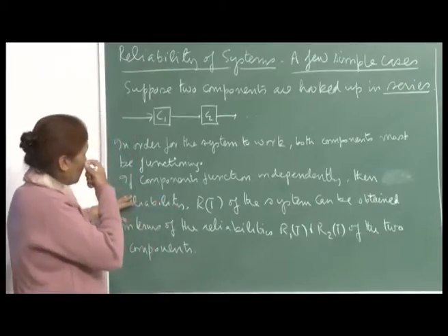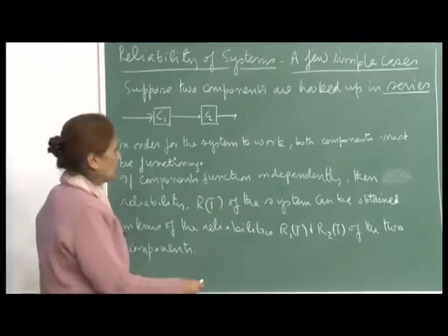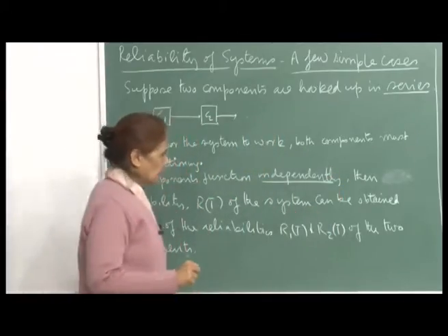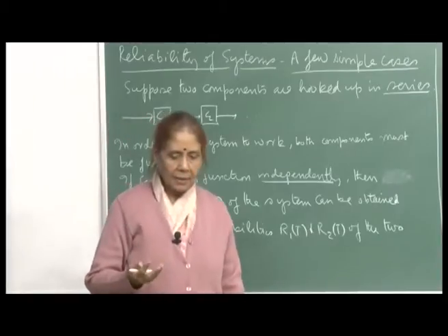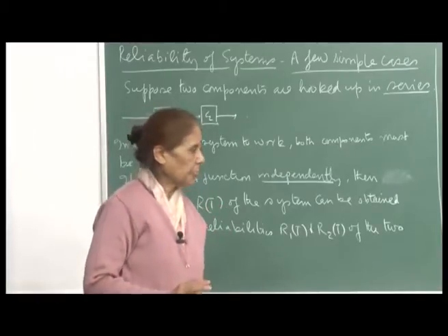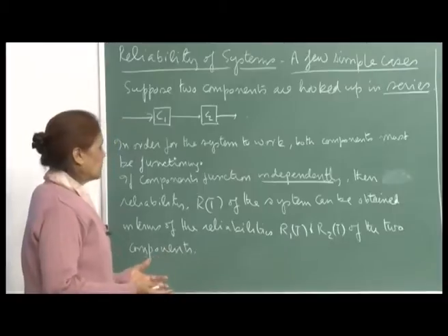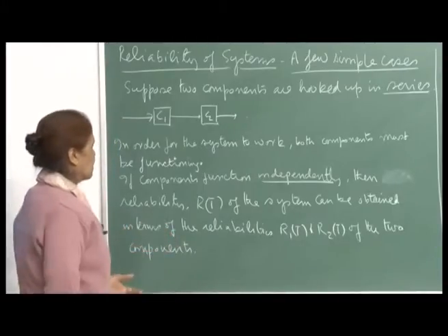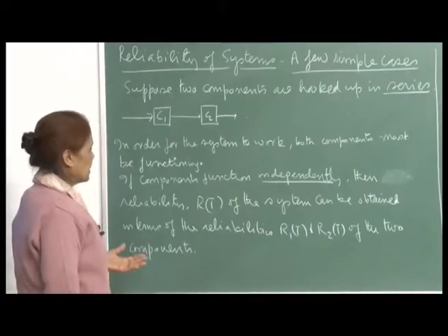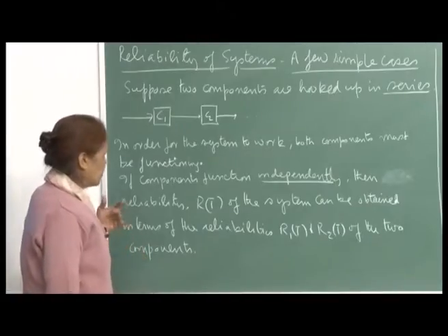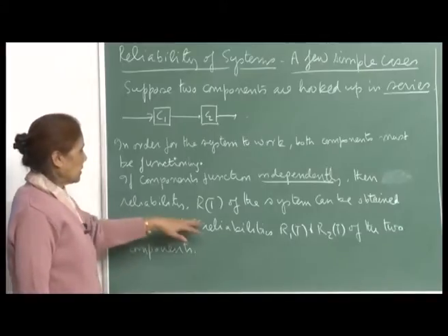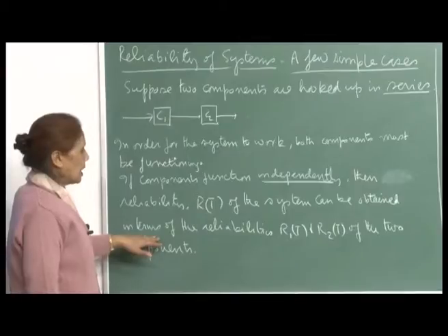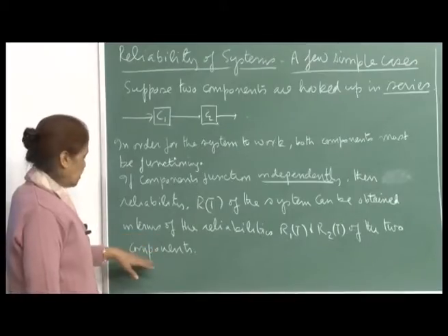Now, we also make the assumption, and of course this is important, otherwise things will get complicated, and we have learnt methods for handling dependence also, but right now we just assume independence to show you how to compute the reliability of the system. If they are functioning independently, then the reliability R(t) of the system can be obtained in terms of the reliabilities R1(t) and R2(t) of the two components.